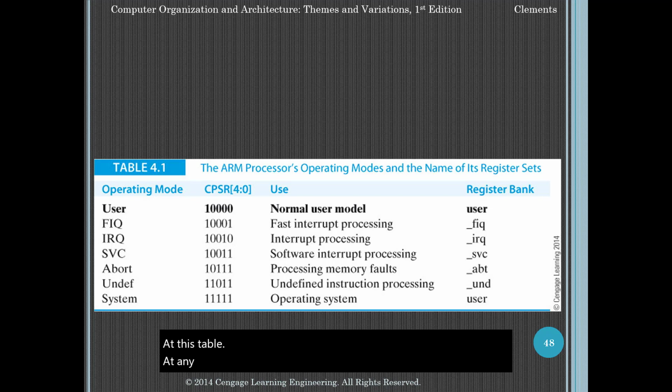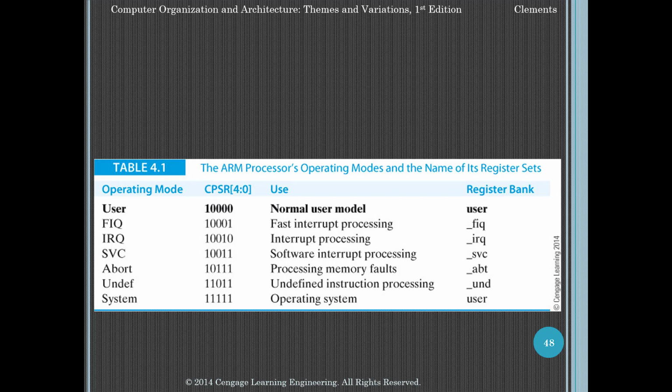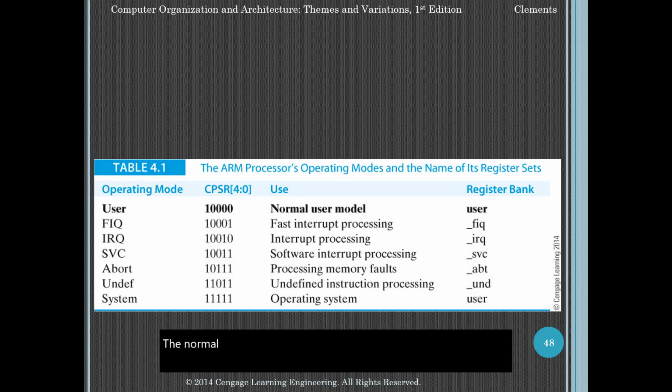At any moment, like in an instant, an ARM processor is operating in one of these modes. So we have the 5 low order bits of the CPSR that define the current mode. And so the normal operating mode is the user mode.